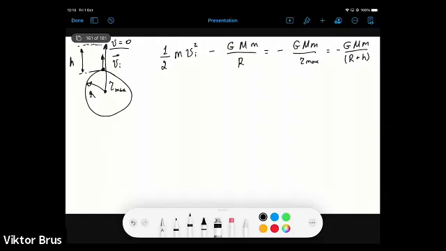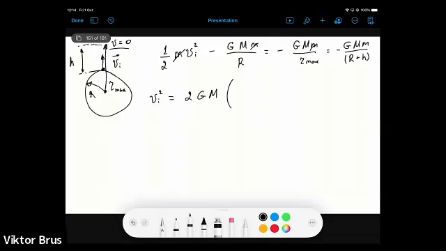We can write an expression for V initial squared that will be equal to 2 times G times mass of the planet. We cancel out the mass of the projectile here, we don't have it anymore.